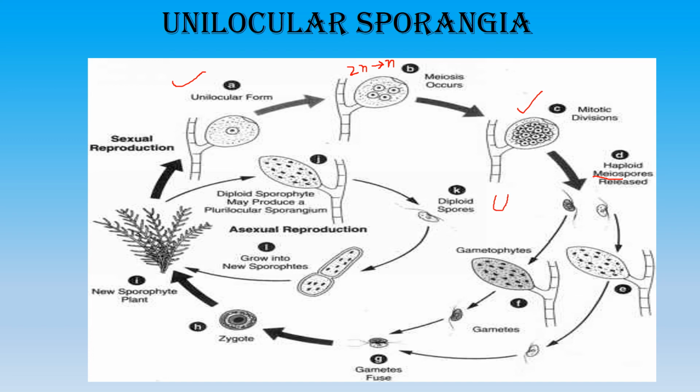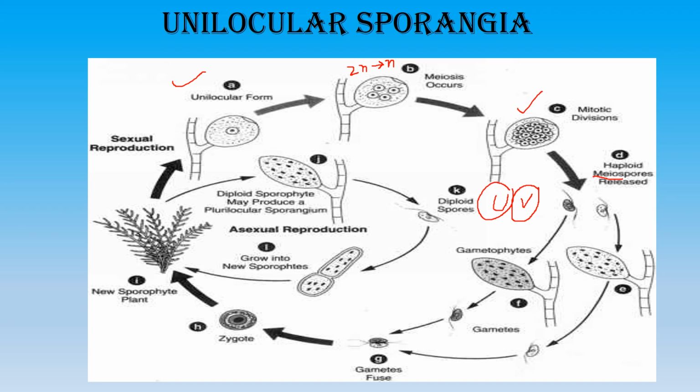The genetic material contains two types of chromosomes, one is the U chromosome, another is the V chromosome. So they segregate depending upon the gamete.